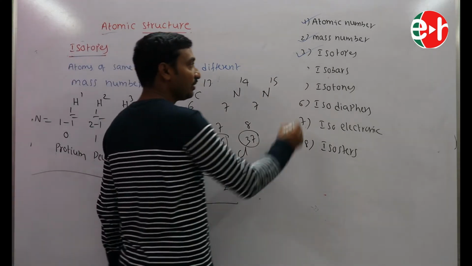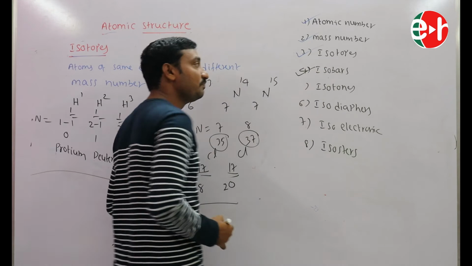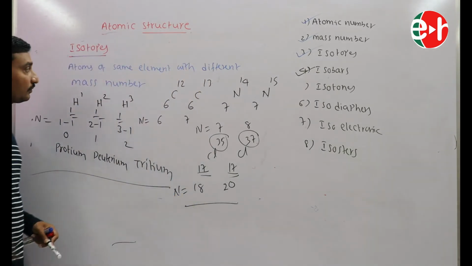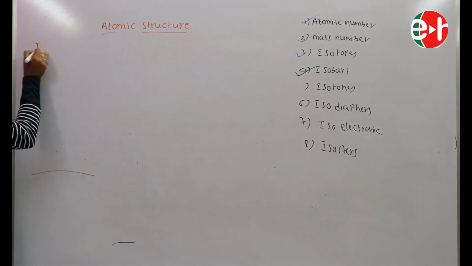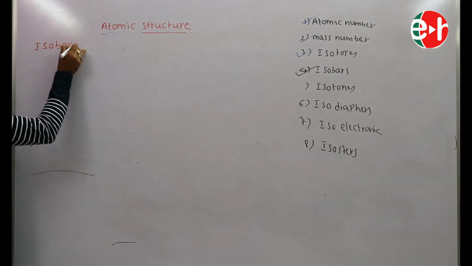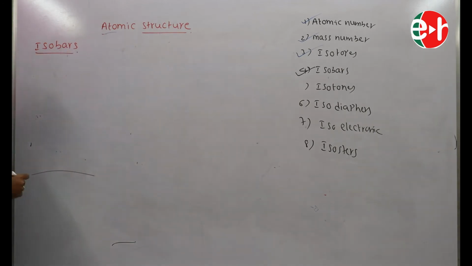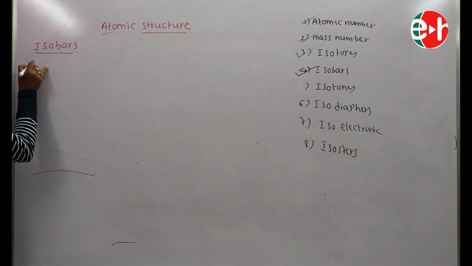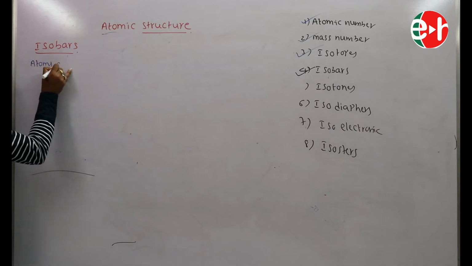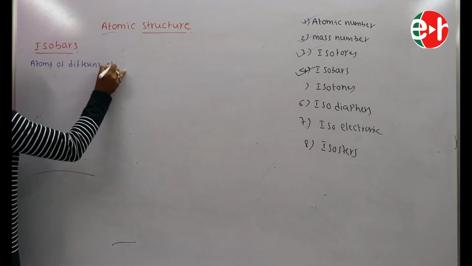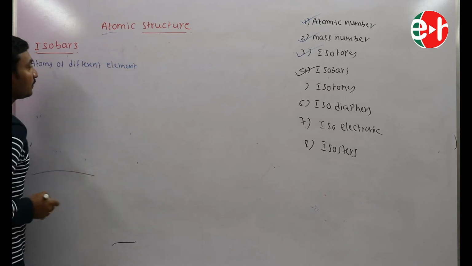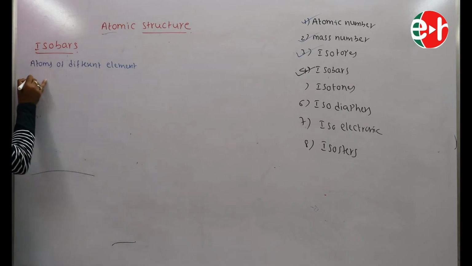Okay, now we are going to discuss isobars. See, isobars are atoms of different elements with the same mass number.